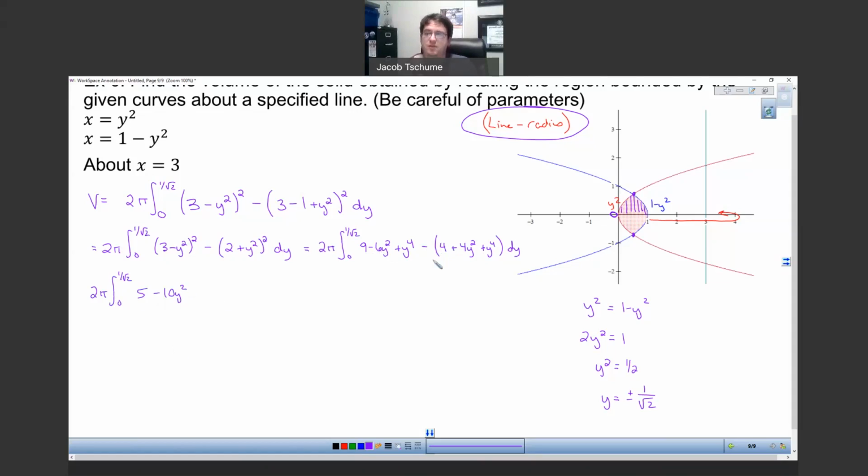And then the best part of this problem is that y to the 4th minus y to the 4th cancels, and you can just integrate those two terms.